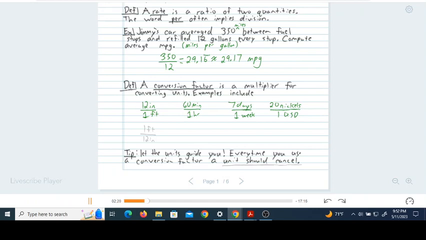So that allows us to multiply by conversion factors while maintaining the same value. And note, you can use the reciprocal for any conversion factor, right? I can use 12 inches per every 1 foot or 1 foot per every 12 inches, depending on which way I want to do the conversion. And the trick with using conversion factors is every time you use a conversion factor, a unit should cancel.